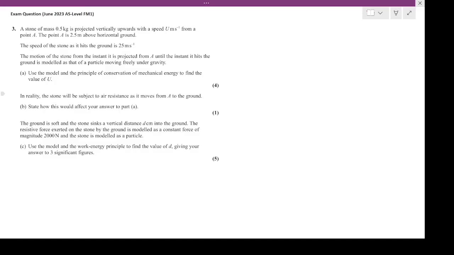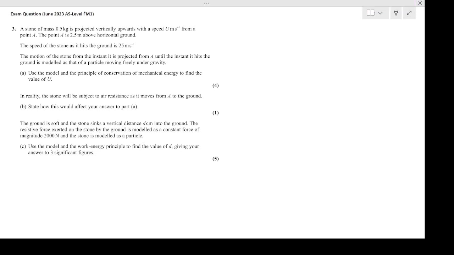So it says in part A to use the model and the principle of conservation of mechanical energy, so conservation of energy in fancy language, to find the value of this u here. It's very wordy, but in essence the situation isn't that complicated, and it's actually telling us what to use: conservation of energy.